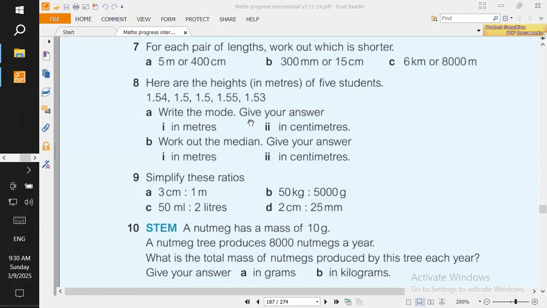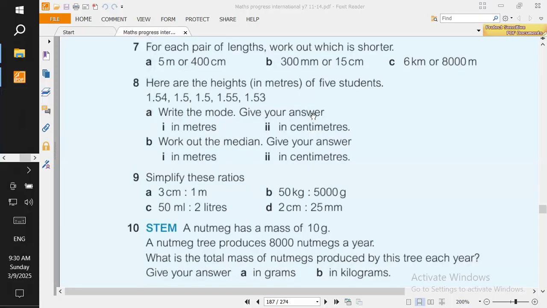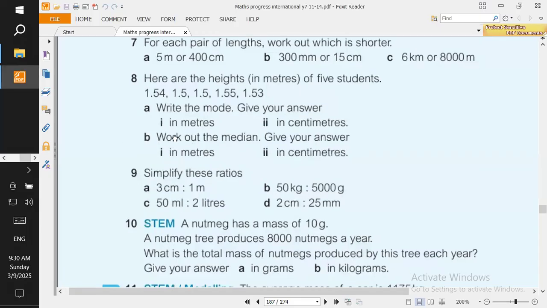Now they want it in meters, so I'm going to write 1.5 meters. And in centimeters, to turn meters into centimeters, I just multiply by 100. So I multiply 1.5 by 100, and the answer will be 150 centimeters. Focus on the steps of multiplying.